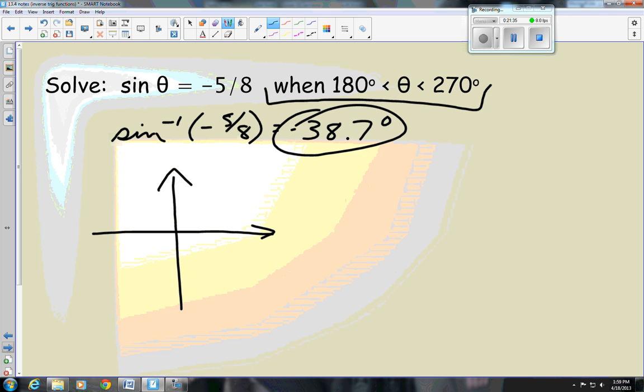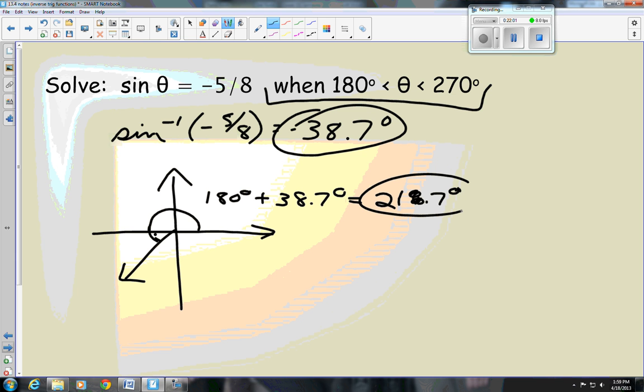So I've got negative 38.7 degrees, but to put that into the third quadrant, I'm going to say 180 degrees plus 38.7 degrees equals 218.7 degrees. So you might have to find a reference angle and then put it into a different quadrant.